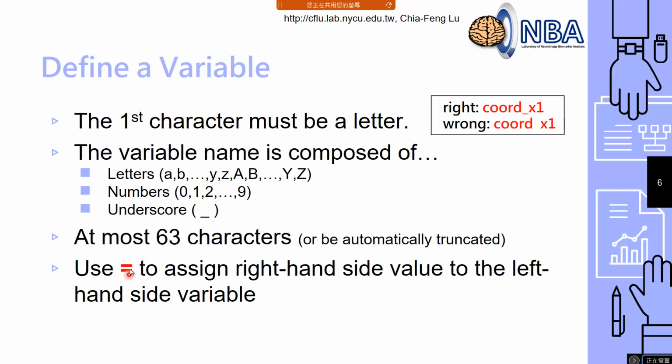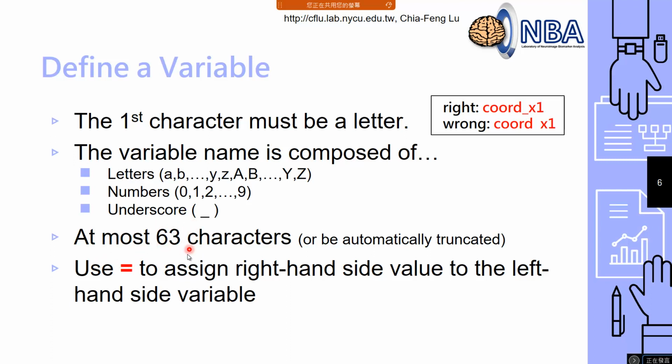Because this equals doesn't mean like the equation, where the left-hand side and the right-hand side are the same. Basically, this means a verb. We are going to assign something from the right-hand side to the left-hand side, just like A equals 3, right? We are going to assign 3 to A, okay?